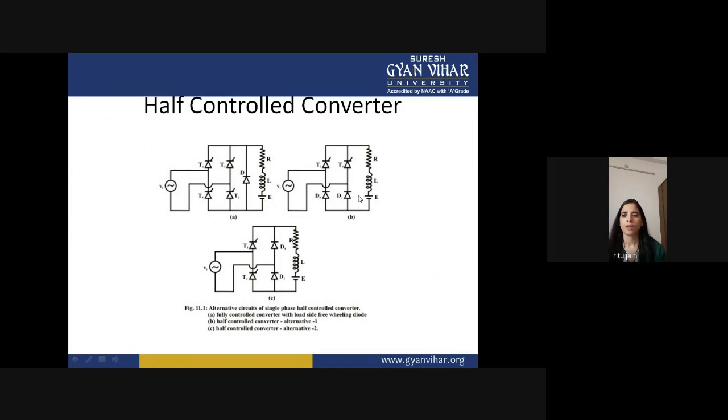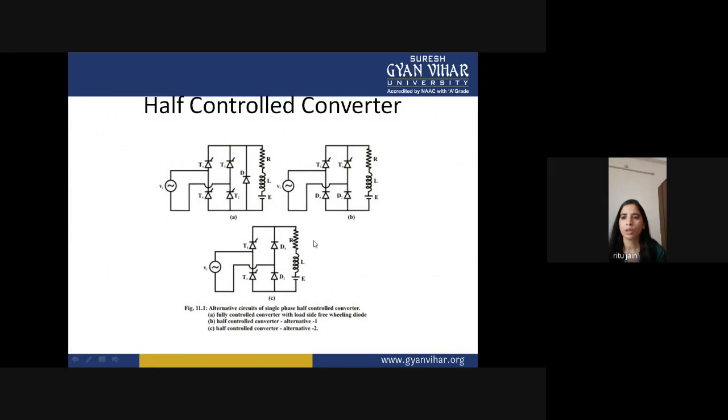This is also a half controlled converter, in which we again use two SCRs and two diodes, but the sequence differs: the diode is replaced by a thyristor, and the thyristor is replaced by a diode. This is the minor difference between these two diagrams.